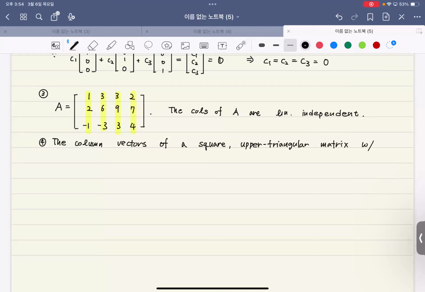And moreover, it has a full set of pivots. I don't actually need to say non-zero here, because if I say pivot, then that automatically implies the number is non-zero. And in this case, the columns of these matrices are linearly independent.